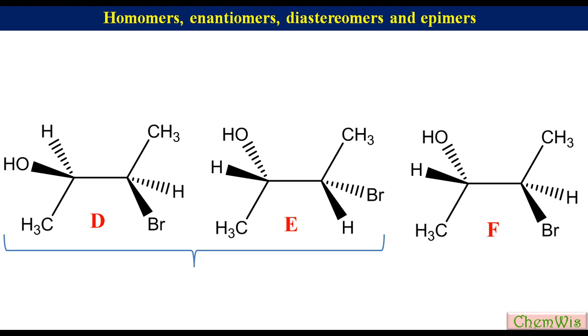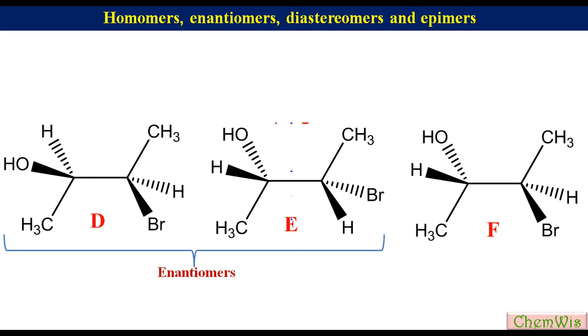Similarly, if we compare orientation of Br and H on the right chiral center in D and E, E has opposite configuration. Since orientation of groups on both the chiral centers is opposite, D and E are enantiomers.